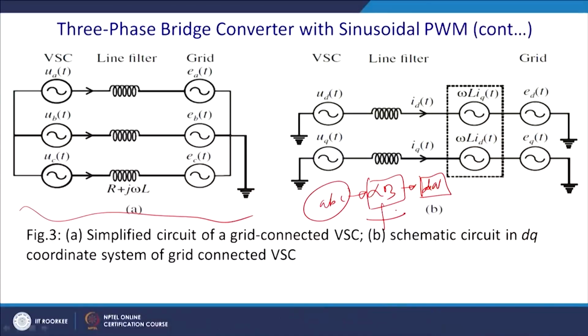This is the advantage of it, and it is done by the Clarke transformation, and ultimately you get the DQ. So, this is the 3 phase model, and these parameters essentially become DC here, and these are your ED and EQ.